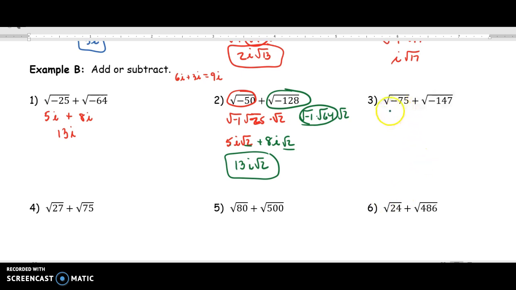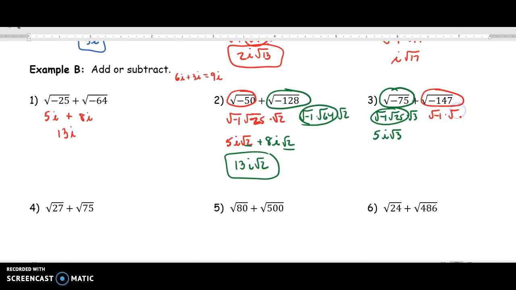So the next one, we're going to simplify this. The largest perfect square that goes into 75 is 25. So we're going to break it up into root -1 times root 25 times root 3. This will become 5i root 3. And when I look at the other one, the largest perfect square that actually goes into that is 49.